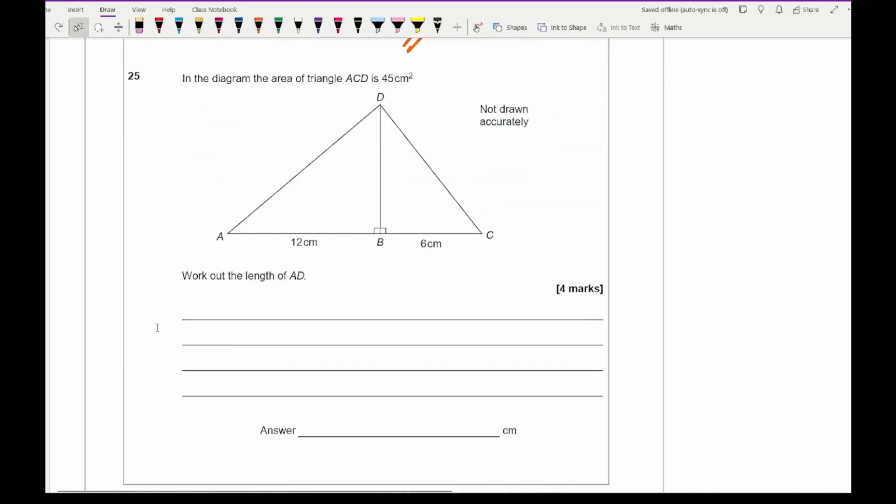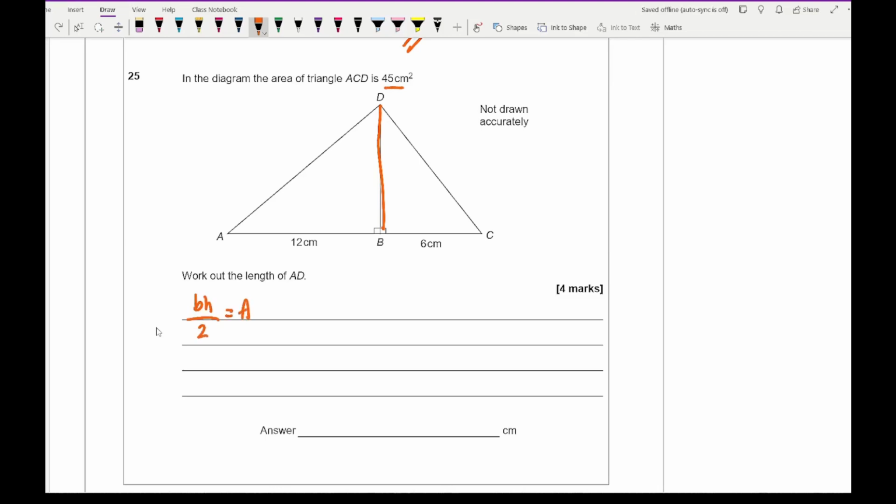Then moving on to question 25, says in the diagram the area of the triangle is 45 centimeters square, and the question is asking me to work out the length of AD. So first things first, I can work this out by using what I know. So I know that base times height, so b times h divided by 2 equals the area.